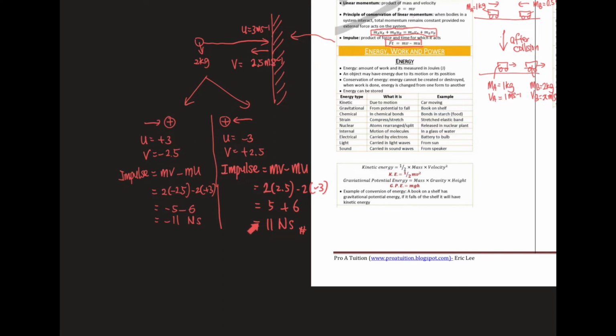Is there a reason why we cannot put negative for the final answer? Because I feel like the final velocity is going to the left, so isn't it appropriate to put negative? Yes, this is very reasonable to be negative.